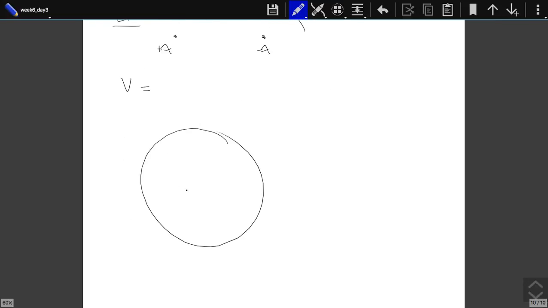So we have these spheres, cylinders, and here we imagine a sphere, and you were supposed to show that the integral of the potential over the surface is equal to V of R. Right?